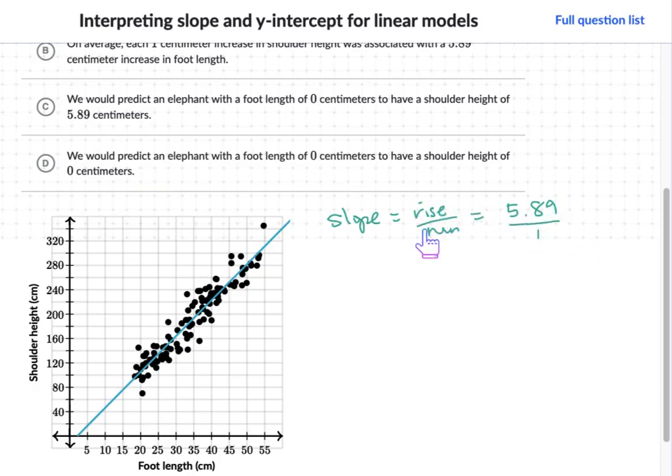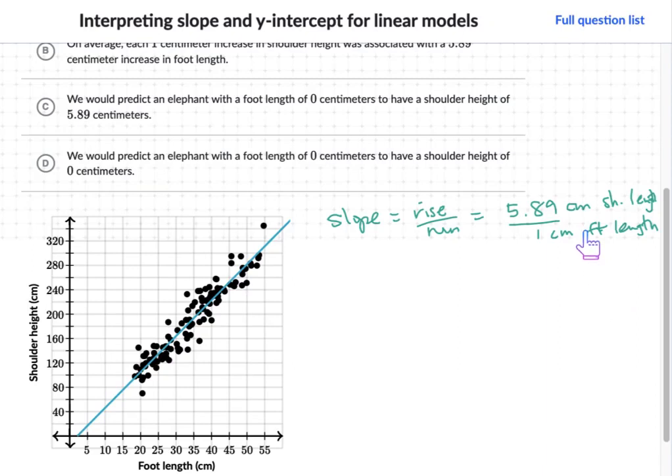So our rise, you want to look up and down. Up and down tells us the shoulder length. So 5.89 is the 5.89 centimeters. That's the shoulder length. Okay, and then the 1 is the run, so that's the foot length. So that's centimeters, and that's the foot length. Okay, so very important that we have the rise and the run figured out.